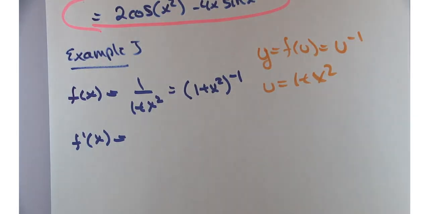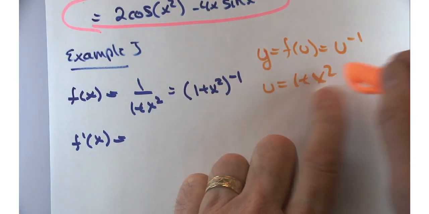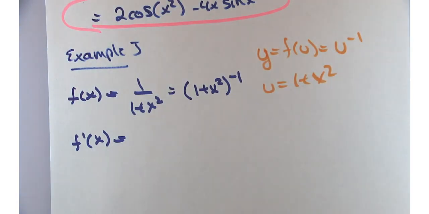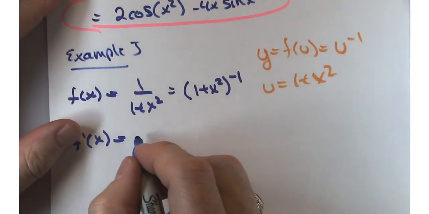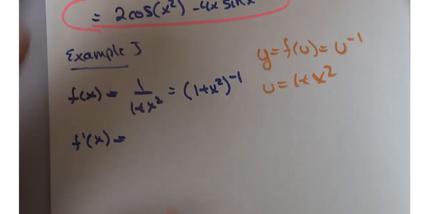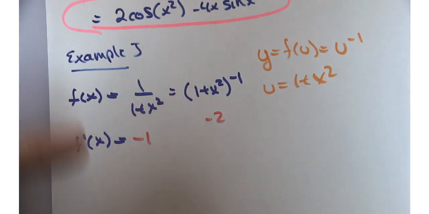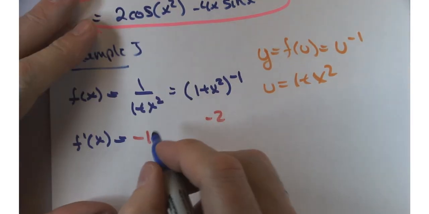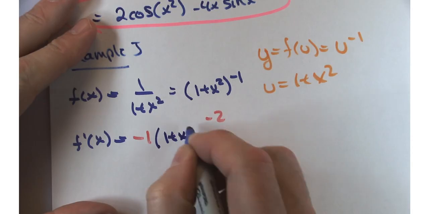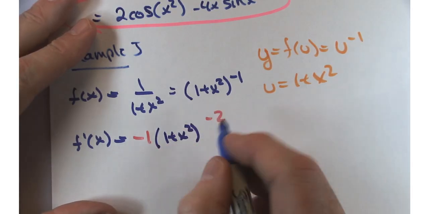So you've got derivative of the outside of the inside times derivative of the inside. So that's going to be a -1 and up to the -2 power, right? 1 plus x squared raised to the -2 power. Derivative of the outside times the derivative of the inside.